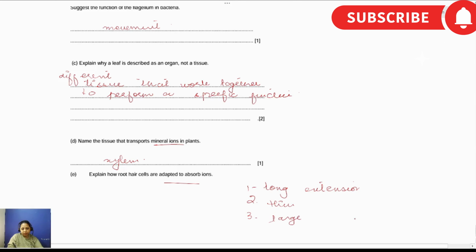Okay, so these three are the adaptations because in this question the function is not being asked. Adaptation means what is present in the structure that makes them suitable to perform a certain function. Okay. Why? Because it's present in all plant cells. We have to tell related to the root hair cell only.